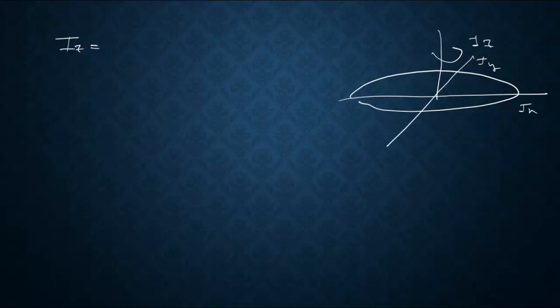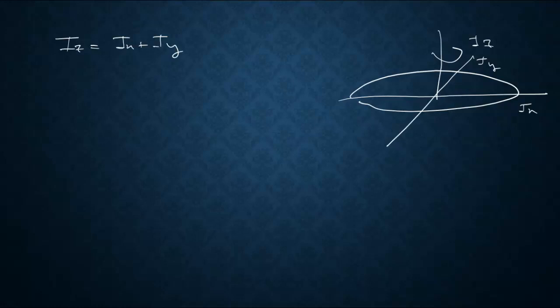We are finding the Iz, and let's say this is our Ix, and this is our Iy. From the perpendicular axis theorem, we can say that Iz equals to Ix plus Iy.